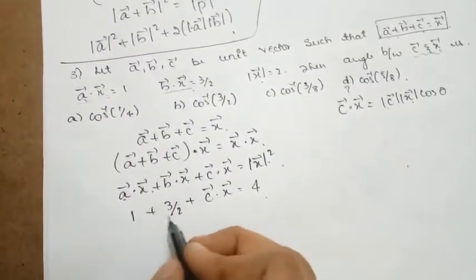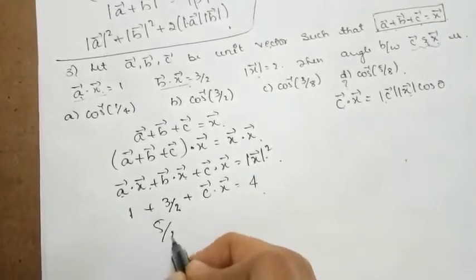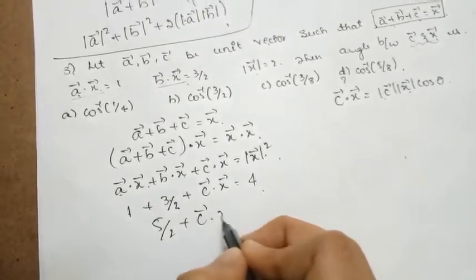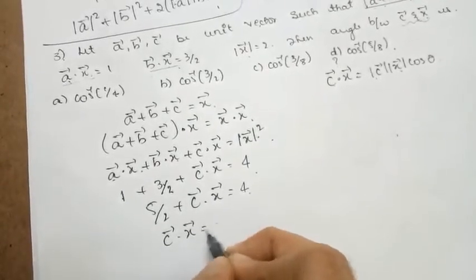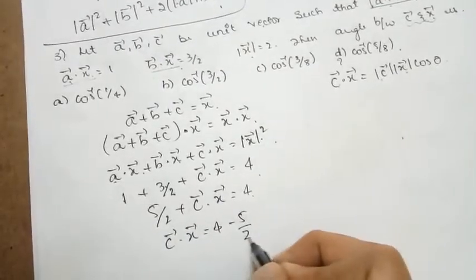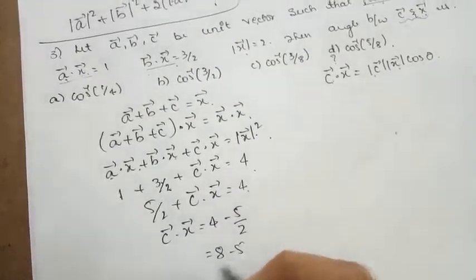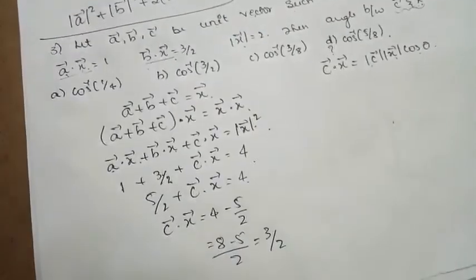If I take the LCM, 2 ones are 2, 2 plus 3 is 5 by 2, plus vector C dot vector x is equal to 4. So vector C dot vector x is equal to 4 minus 5 by 2. 4 2s are 8, minus 5 by 2, which is nothing but 3 by 2.